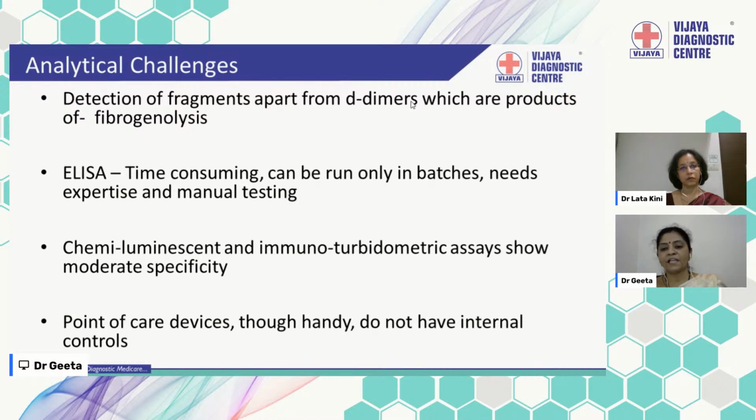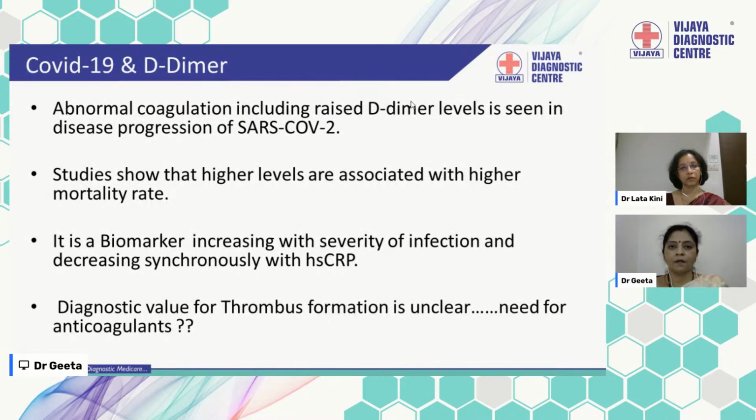CLIA and immunoturbidimetric assays are better, in that they can be run in batches and there's a rapid turnover, but still they have moderate specificity. Also, the sample type has to be very proper for the CLIA and immunoturbidimetry assays, where it should not be hemolyzed, icteric, or lipemic. Further, the point of care devices, though handy, do not have internal quality controls, hence they should be used with caution.